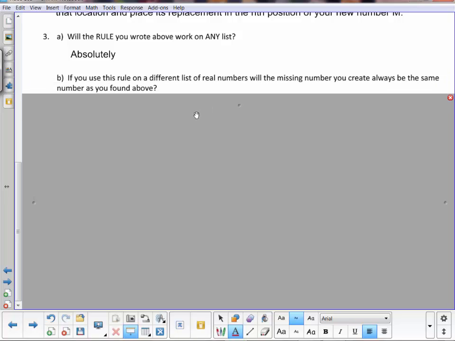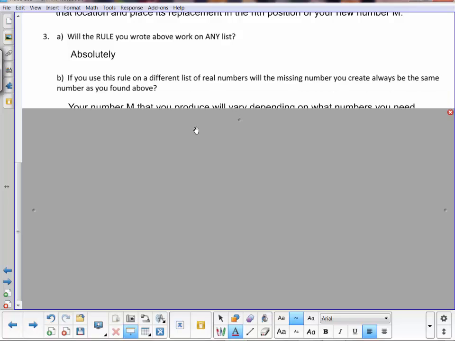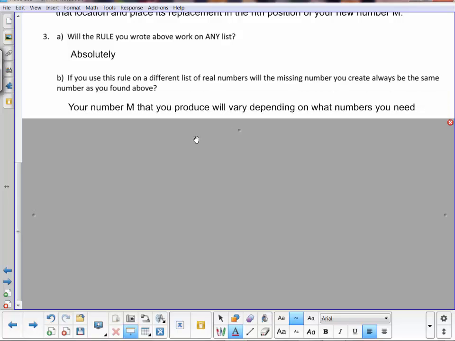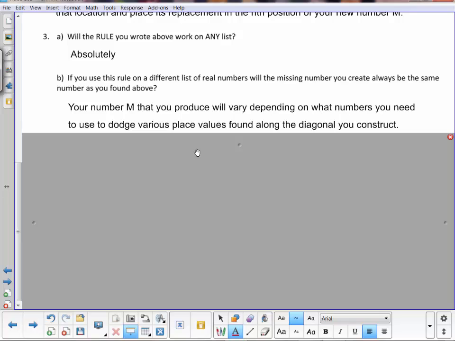If you use the rule on a different list of real numbers, will the missing number you create always be the same number as you found above? Your number M that you produce will vary depending on what numbers you need to use to dodge various place values found along the diagonal you construct.